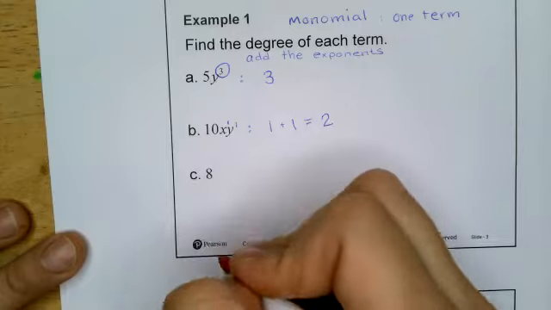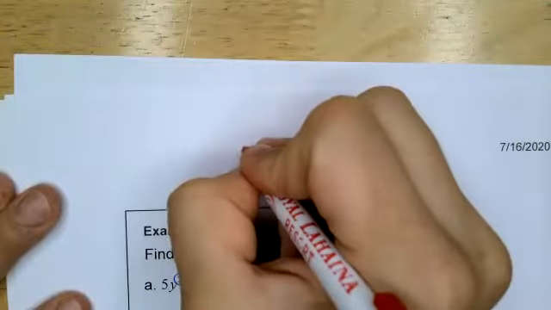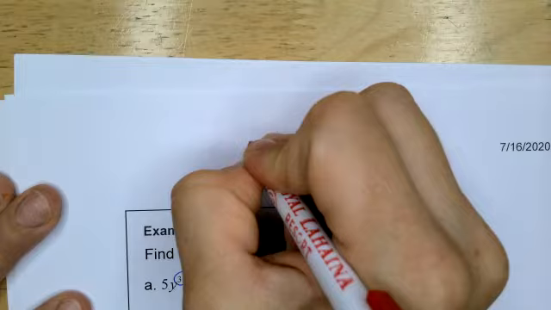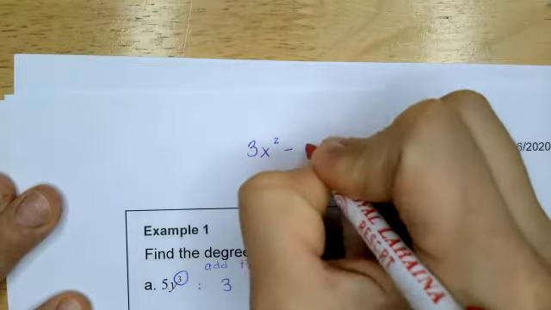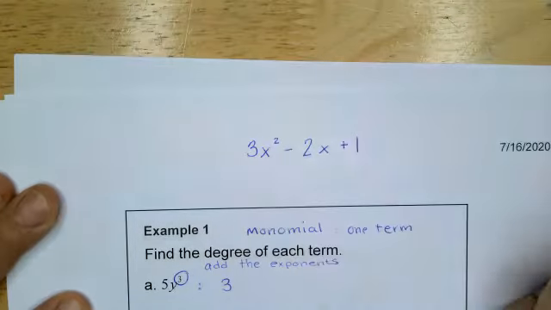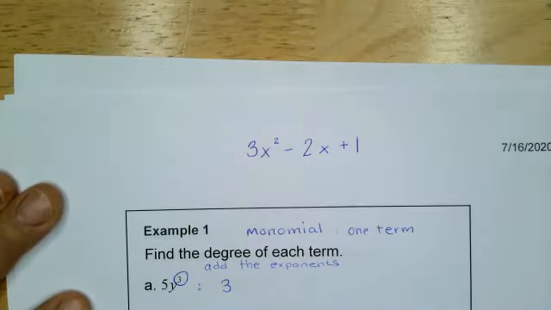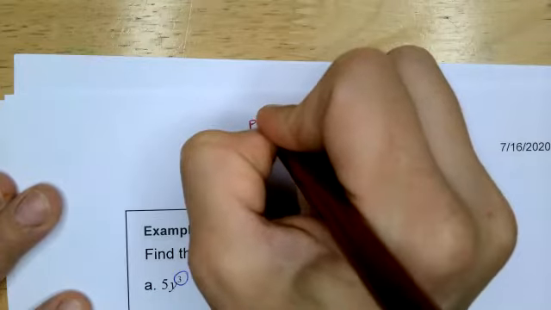If you think about it, right? If I had 3x squared minus 2x plus 1. All right, let's think about the degrees of x. Here, x is raised to the power of 2.